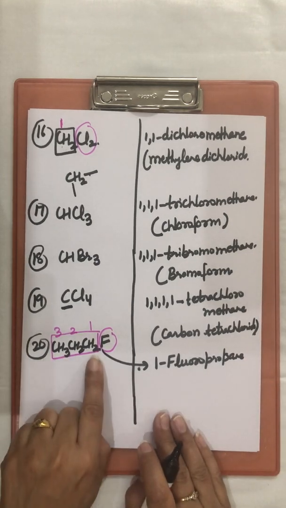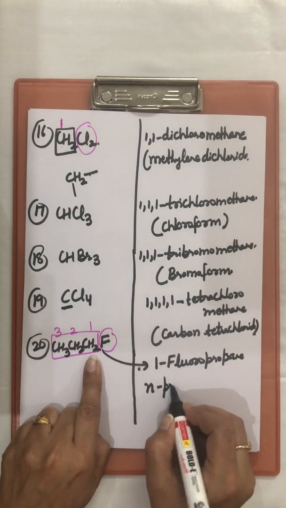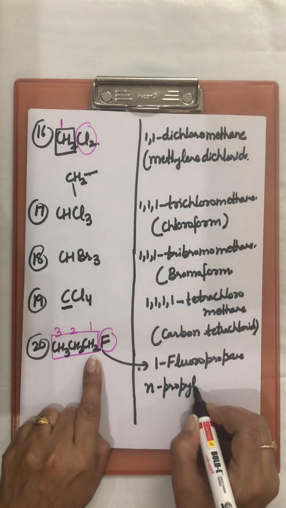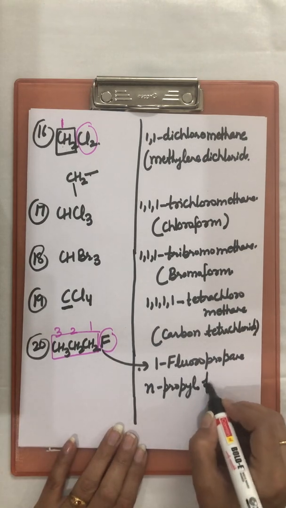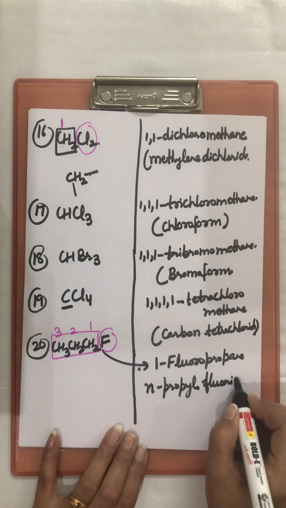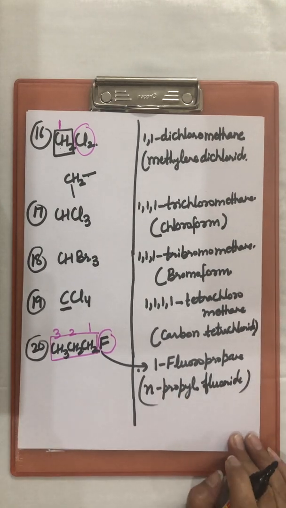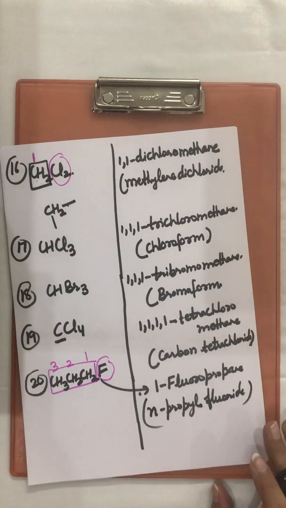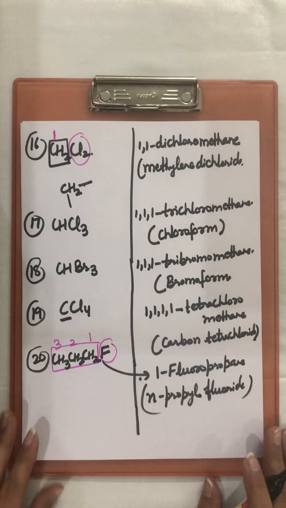Since all carbon atoms are in a straight chain, this is n-propyl because there are 3 carbon atoms here. n-propyl, and then the name of this halogen, which is fluoride. So the common name of this compound is n-propyl fluoride. So these are some examples for the nomenclature of haloalkanes and haloarenes.